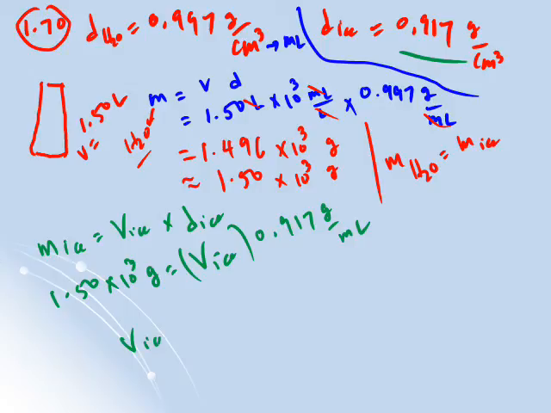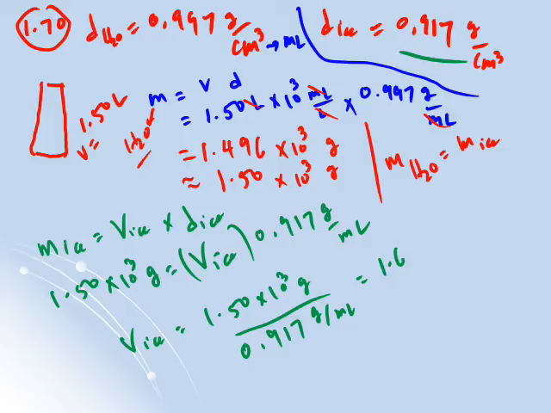Volume of ice equals 1.50 times 10 cubed gram divided by 0.917 gram per ml, and this gives me 1.64 times 10 cubed ml. Or if you want to write it in terms of liter, divide by 1000, so that gives you 1.64 liter.